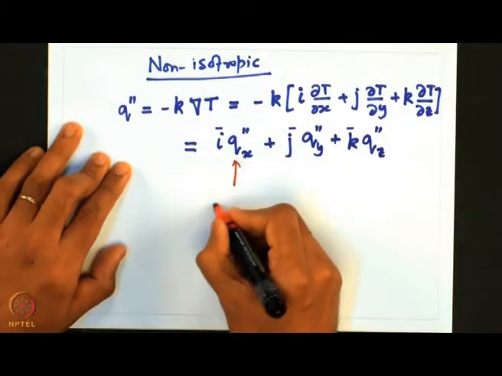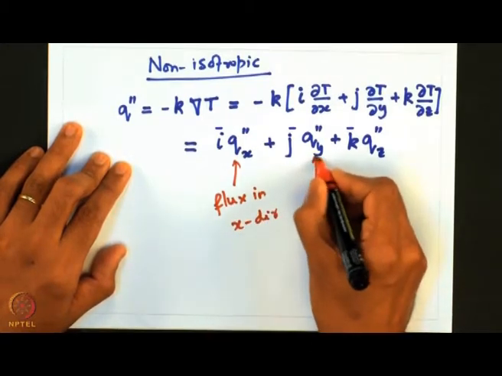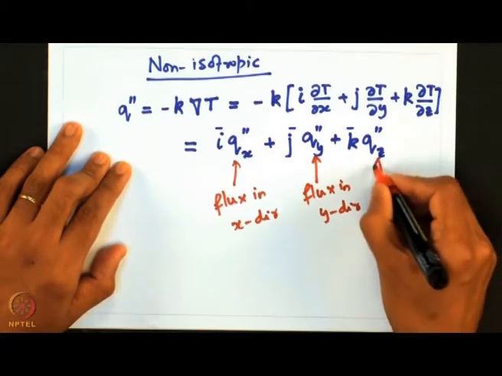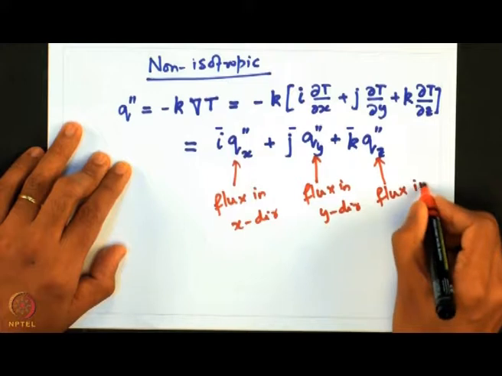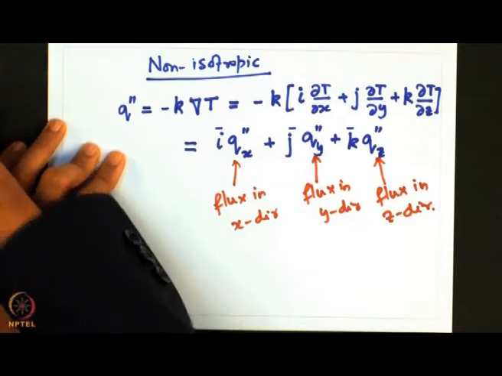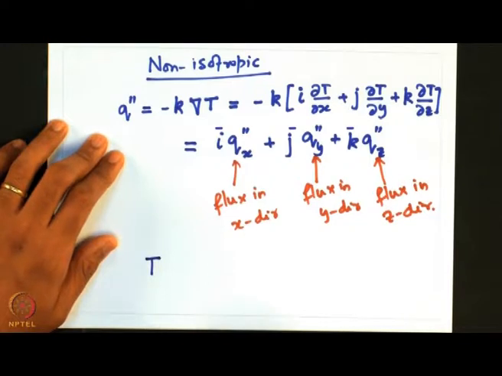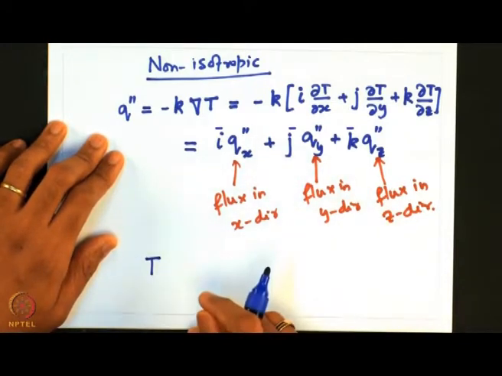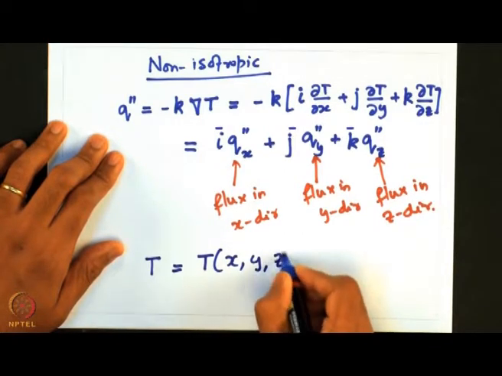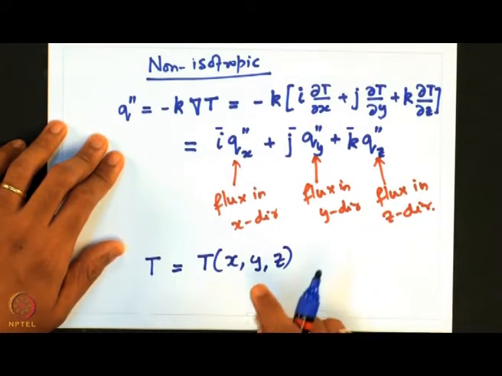So, this is the flux in the x direction, this is the flux in the y direction, and this is the flux in the z direction. From here it is very clear that the temperature in the slab or in the material being considered is a function of all three positions. So, it is a function of x, y and z, with x, y and z being the position inside the solid.